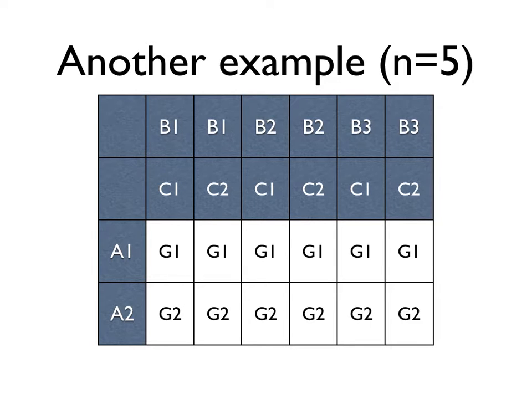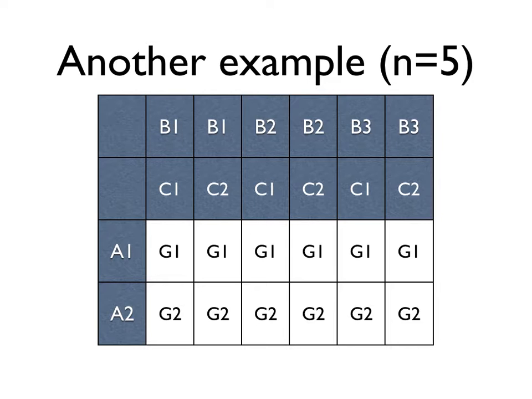So we know that. Are there any others? Let's look at B. Do different subjects get different levels of B? No, everybody gets B1, everybody gets B2, and everybody gets B3. That's going to be a within, so B is a within factor.